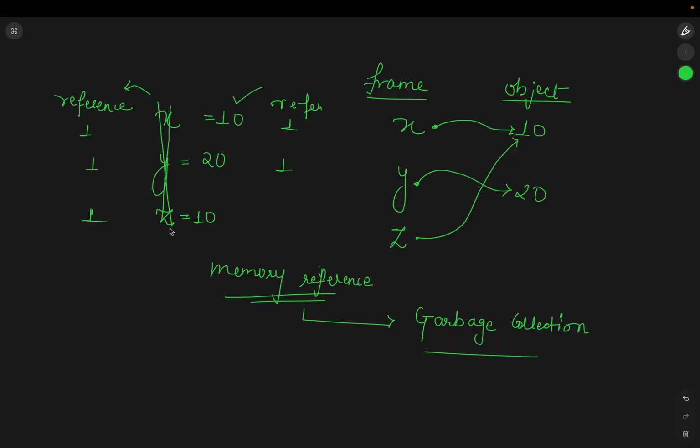Again I have seen that z is equal to 10. Now this reference count will become 2. As long as any object is having a reference count, we are pretty much good.